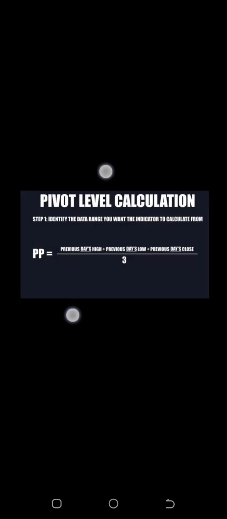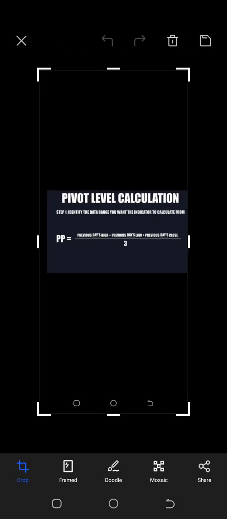So how do we calculate the pivot point? Let's look at the calculation. To identify the data range you want to calculate from, this is the calculation for the pivot point. The calculation is: PP is equal to the previous day's high plus the previous day's low plus the previous day's close.